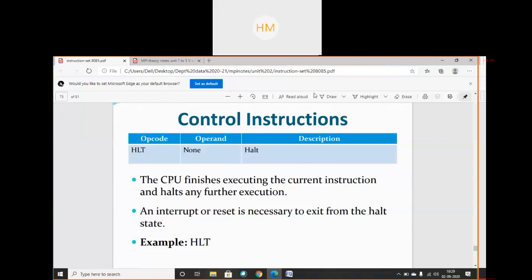I think internet problem is there. What I can do? I'm not getting. Are all of you facing the same problem with my voice? So halt instruction HLT.